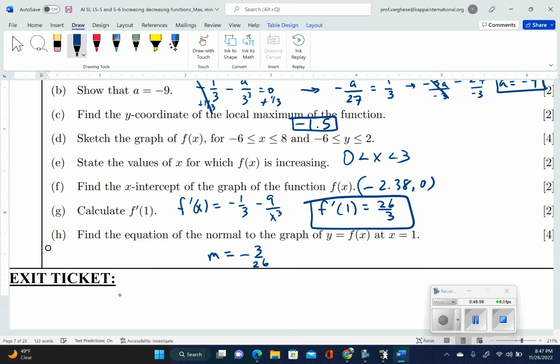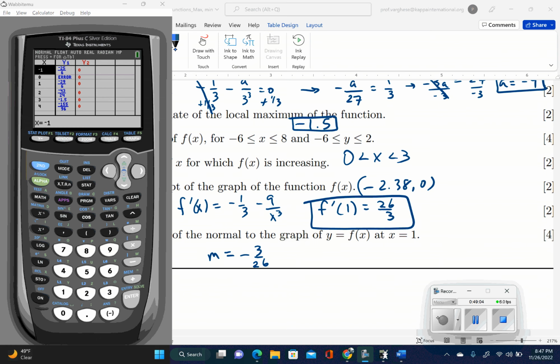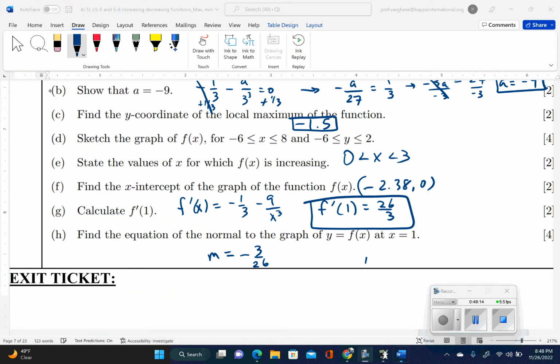And we want the coordinates of f of x at x equals 1. So I went to my calculator, I'm looking at x equals 1, right? So across from 1, I see -29 over 6. So 1 comma -29 over 6. First number is my x, second number is my y.